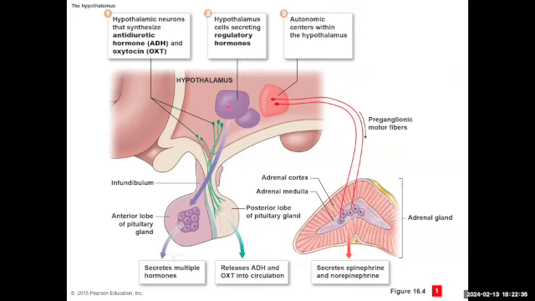So when these cells produce their regulatory hormones, they travel via the blood to the anterior pituitary gland. The glands that make up the anterior pituitary gland then get stimulated by those hormones, and in return they produce their own set of hormones. Those are secreted into the bloodstream, and then those have their target tissues.